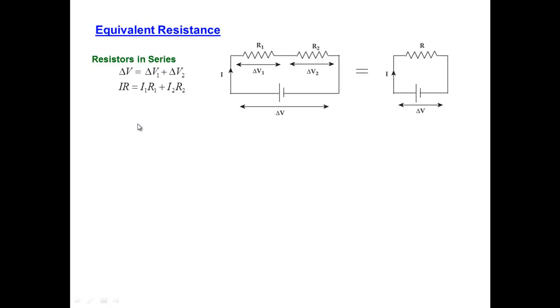So we make those substitutions, and then, since those currents I, I1, I2 all have to be the same, those factors in the IR equation can be canceled out. And that leaves us with a very simple relationship for the equivalent resistance of R1 and R2 in series. They're just added together.